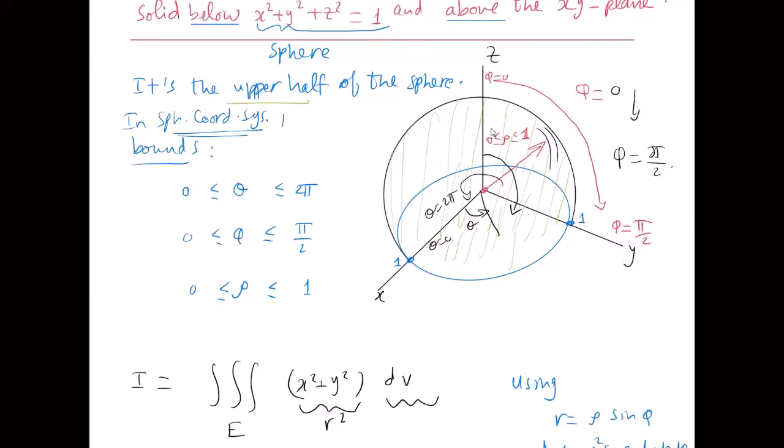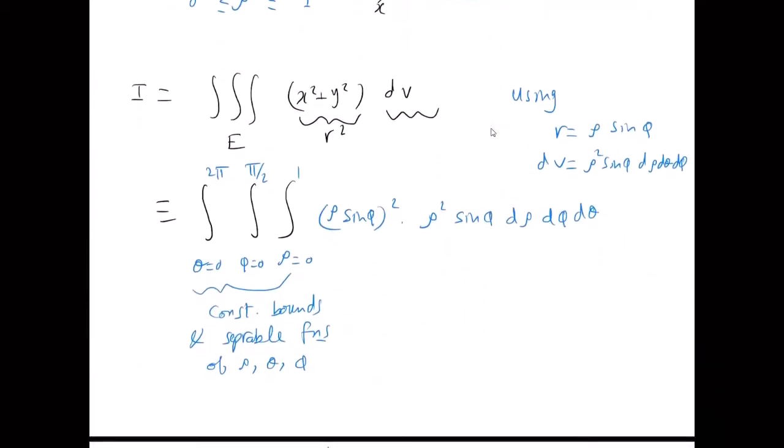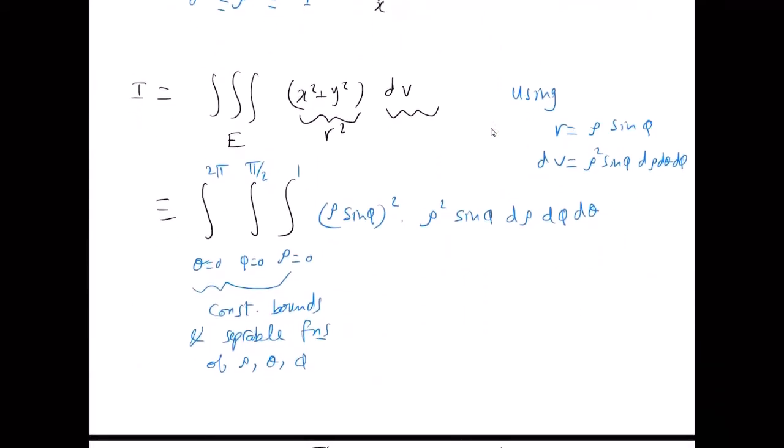So let us go to the spherical coordinate system. The bounds will be as follows. We change x square plus y square into r square, where r is rho sine phi, and dv is the volume element rho square sine phi d rho d theta d phi, or d phi d theta, it is the same.